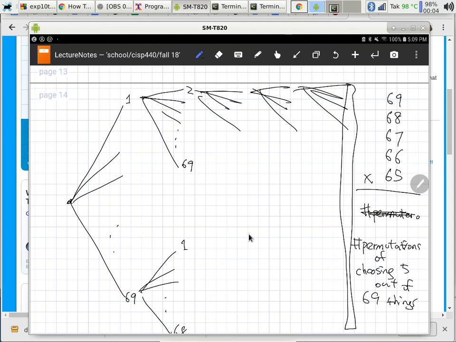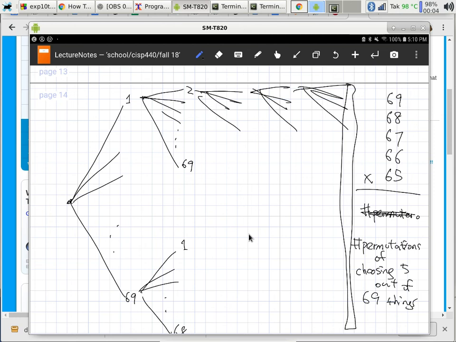Okay, so how are these things connected? I see the 5, connecting between this slide and the next. So how are they exactly connected? This is telling me that there are this many ways, okay? If you multiply these 5 numbers, that tells me the number of ways of choosing 5 things out of 69.